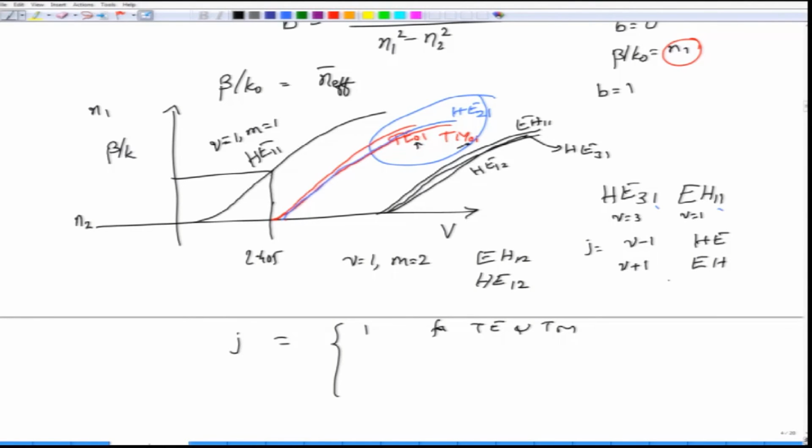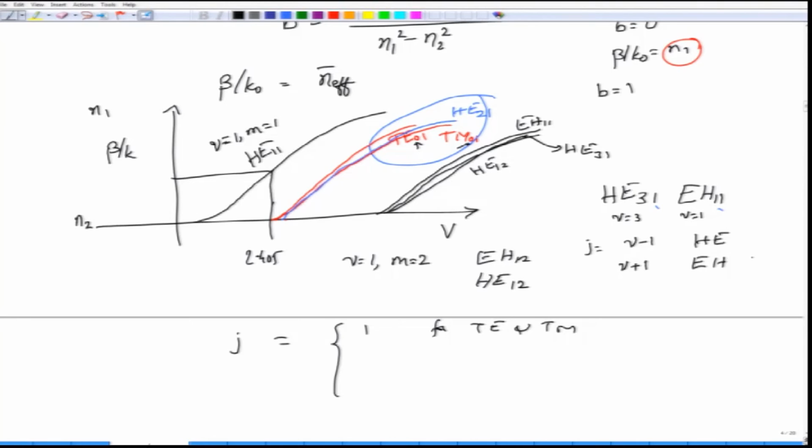So, I think HE31 is related to EH11, then you have HE41 related to EH21, which I am of course not showing in this particular case, but if you consider j equal to nu minus 1 and substitute nu equal to 2 here, you get HE 2 minus 1 is 1. So, you get HE11 and then you get 2 plus 1, which is 3. So, you get 3 plus 1.